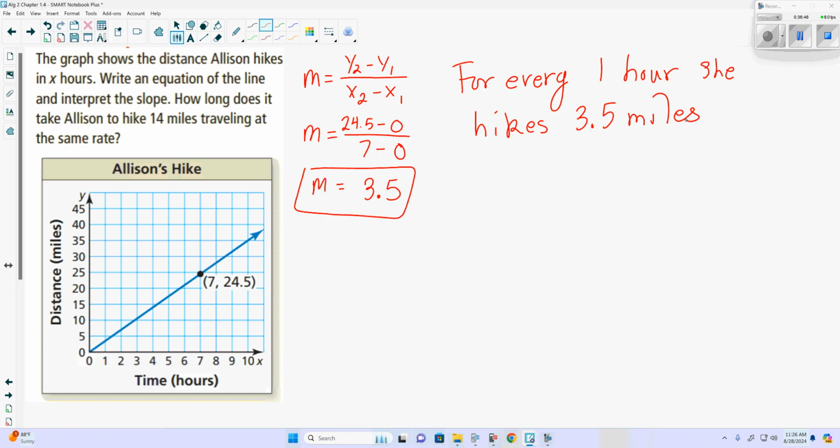Miles. So if we convert it to a decimal, for every hour, this is how far she goes. Yep. Not too bad if you're walking, especially hiking up if it's up the hill.